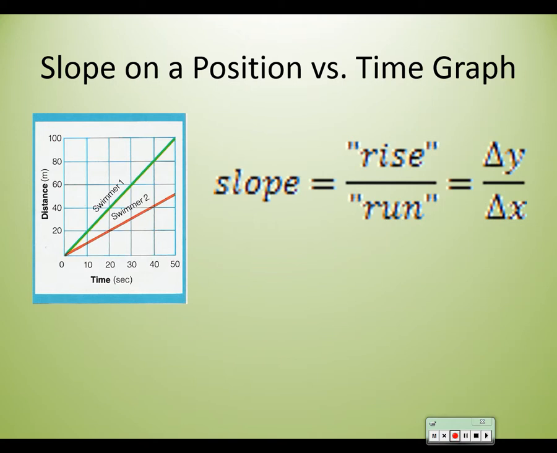So we've got distance on the y-axis, and what's on the x-axis of this graph? Time. So the slope of this graph is a ratio between displacement and time.